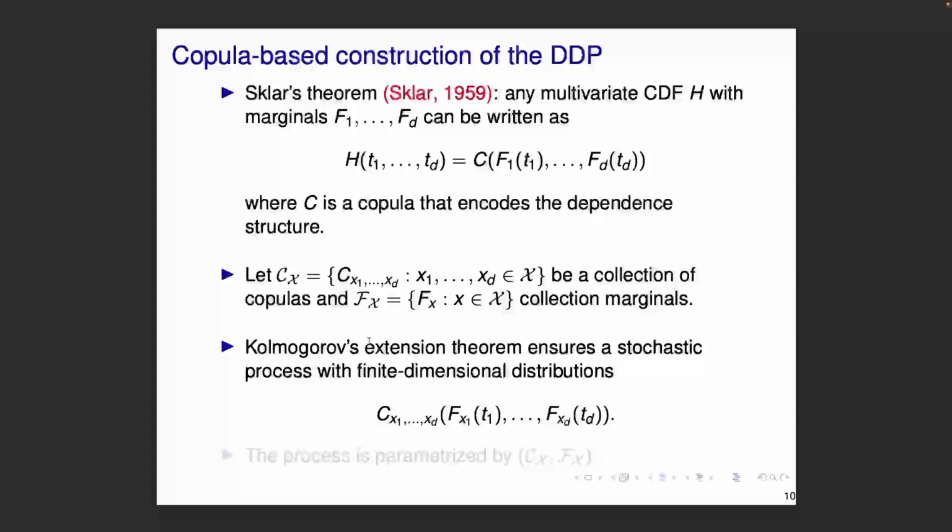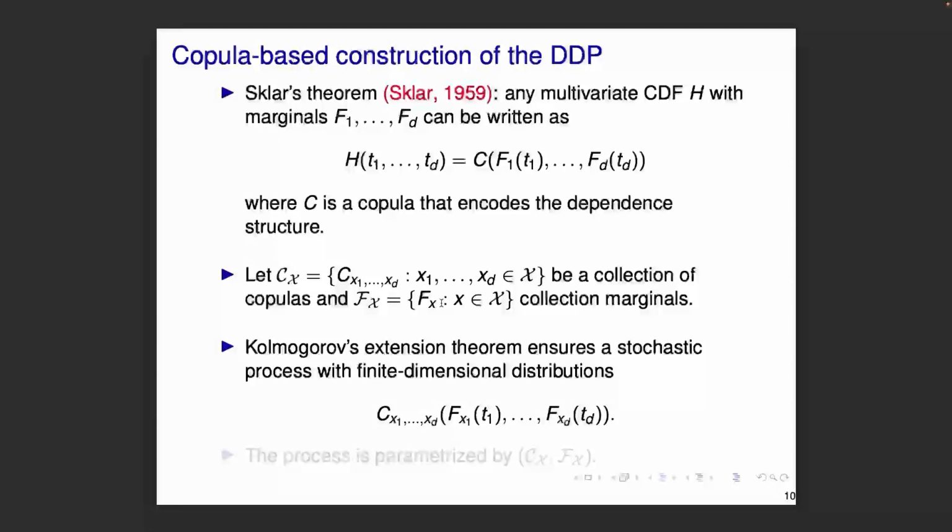And if this collection of copulas satisfies the conditions of the Kolmogorov extension theorem, and all these marginals are defined on the same space, then we can ensure the existence of a process with these specific marginals, meaning we can define the process with the marginals that we want.